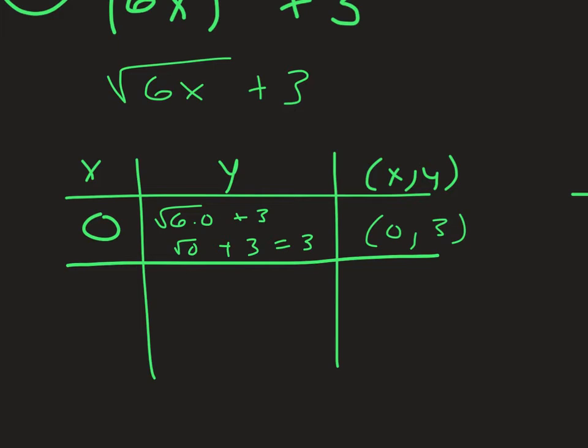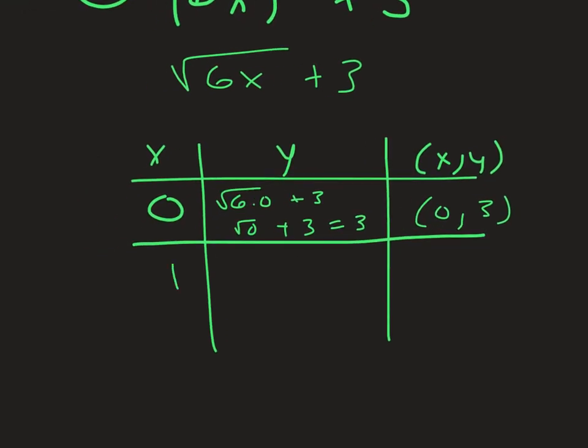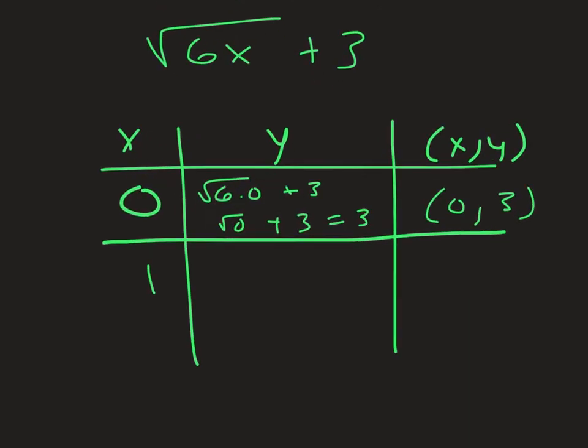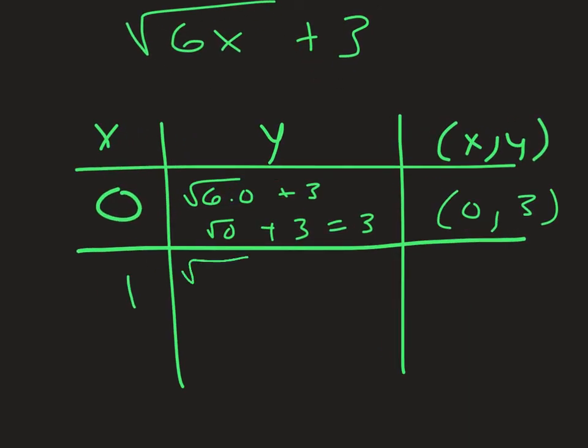What can we plug in next? 1. We can plug in 1. This one's kind of tricky because we're going to be plugging in big numbers to get whole numbers because we're multiplying it by 6. But we could just use a calculator for this one if you needed to. So what's the square root of 6?